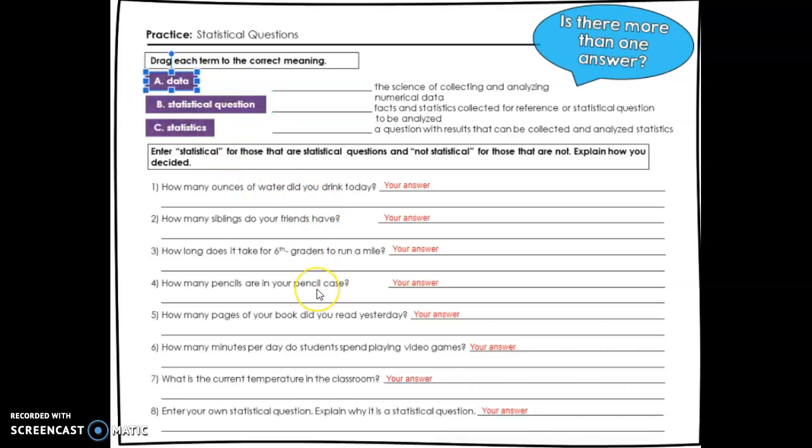And here, again, you are going to say statistical or not statistical, and then just briefly explain how you know. And then when you're all done with that, you're going to go to the last slide and you're going to complete this quick survey. So just click on this link and it's going to lead you to a Google form.